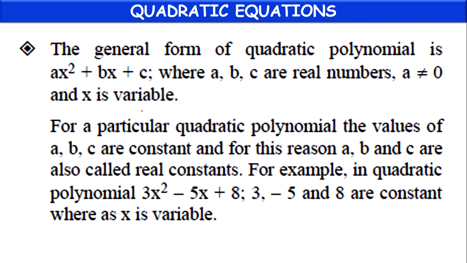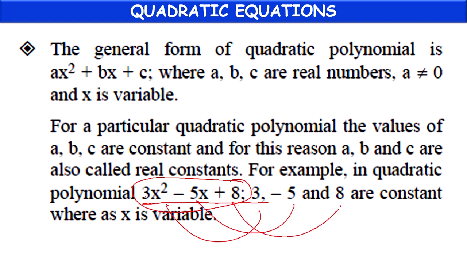Here a, b, c are constants. A, B, C are real numbers, or we can call them constants, also called real constants. So if you observe here, 3x square minus 5x plus 8, we have real constant 3 here, minus 5 here, 8 here.